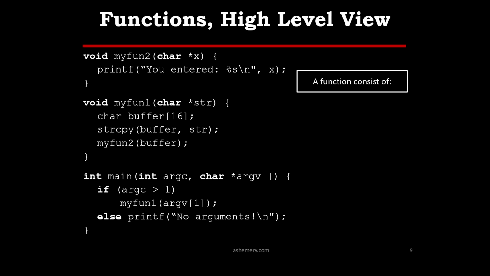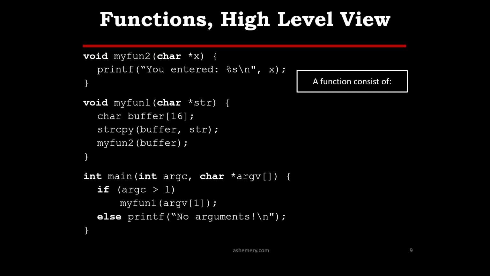If we go to myfun2, we can see it's a pointer to a value. Then we see printf "you entered %s\n" and then x. So what's happening here is, let's say when you run the program you send the argument hello.